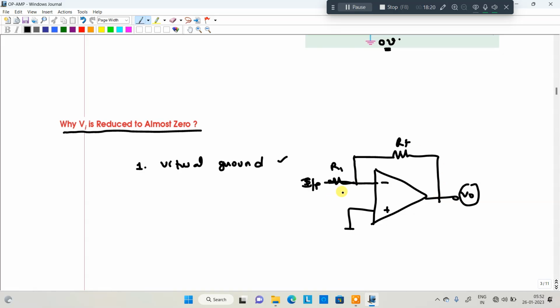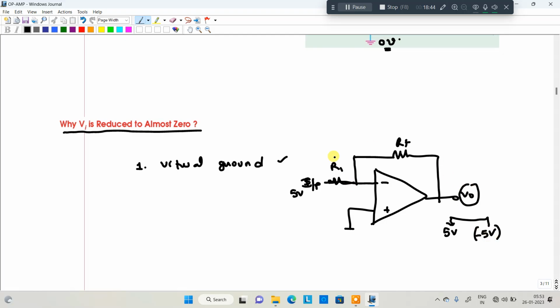For example, in the inverting amplifier you give 5 volts. The output is amplified, and some part of the output is connected back to the input through feedback, as inverted, so it is a minus.